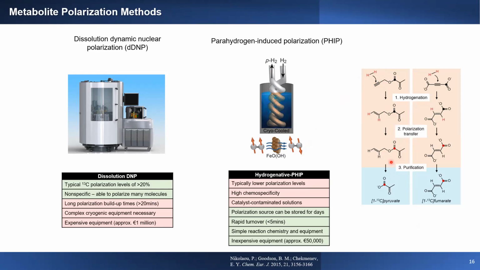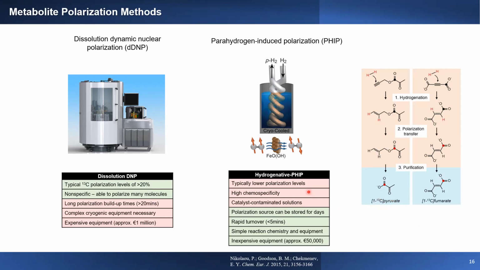And finally, this part of the molecule is cleaved off. This is all done in an organic solvent. And this part of the molecule is cleaved off and remains in the organic solvent along with the hydrogenation catalyst. And pure pyruvate migrates into the aqueous phase.